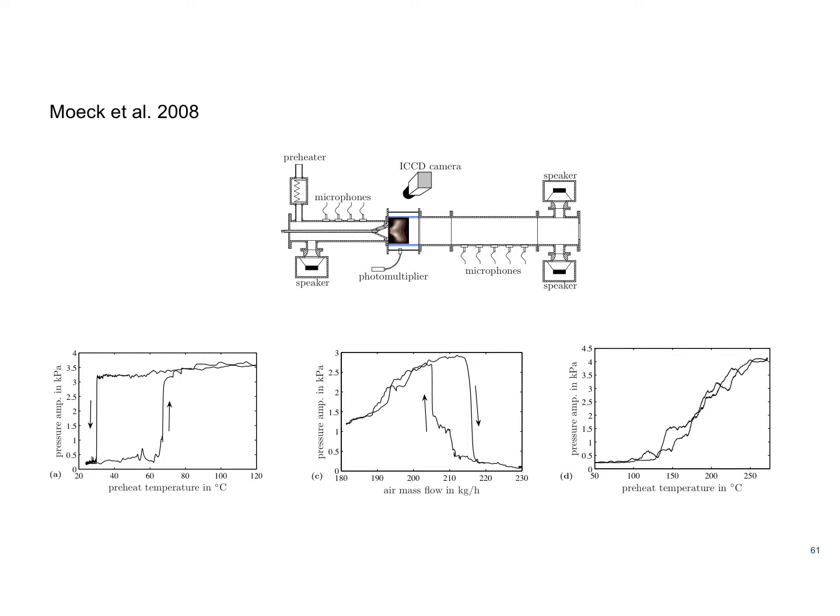This is an interesting picture about an experiment that was tracking the pressure amplitude in the oscillations. So we have here the inlet air coming from here, then there is the flame holder, and there is the flame here, and the combustion chamber with the hot gases is in here.